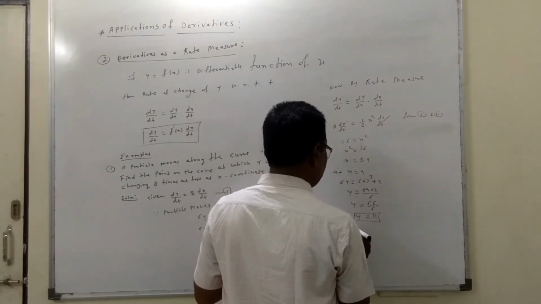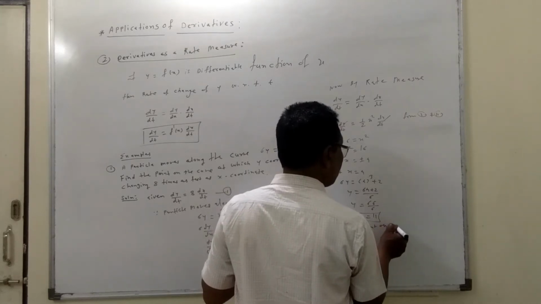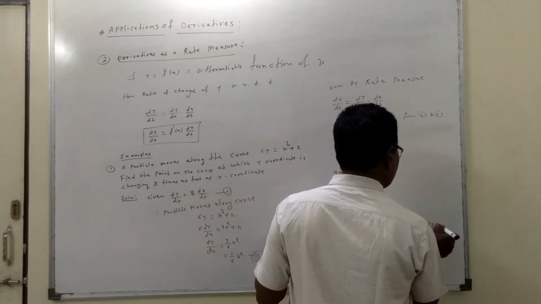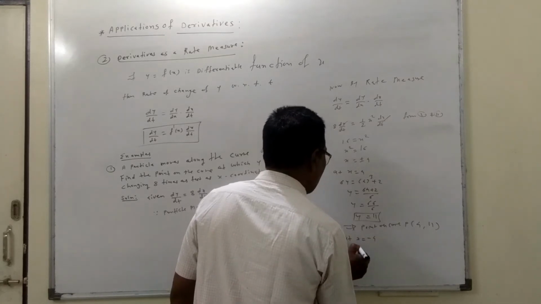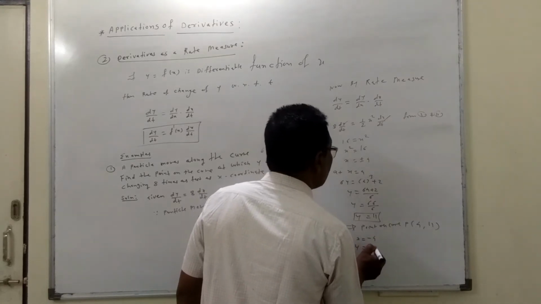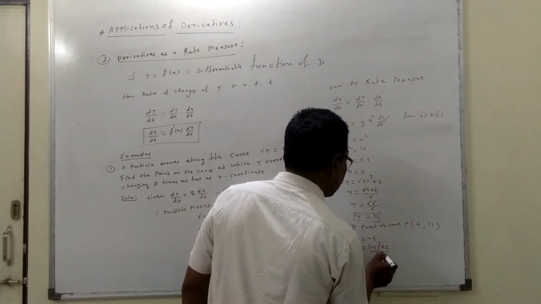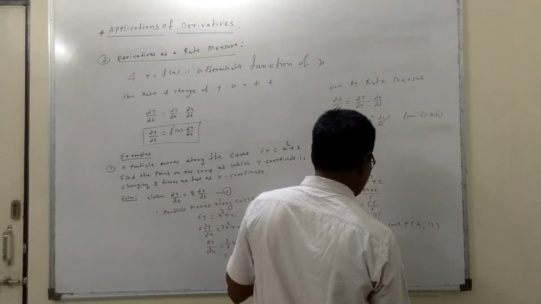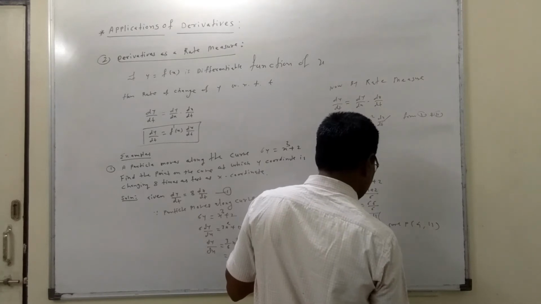So this implies the point on the curve P is (4, 11). And at x is equal to minus 4, y is equal to minus 4 cube plus 2 divided by 6. So minus 4 cube is minus 64 plus 2 upon 6, so minus 62 upon 6.